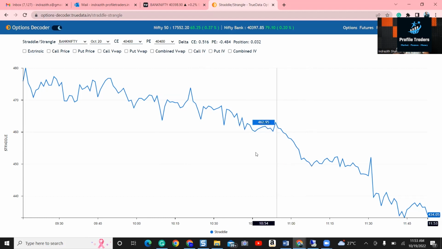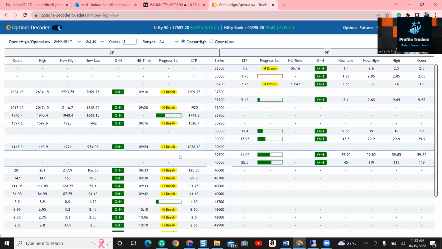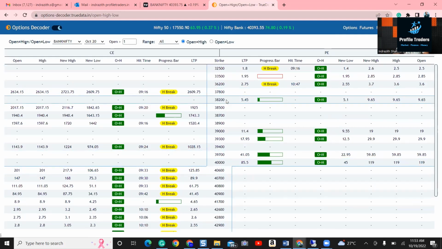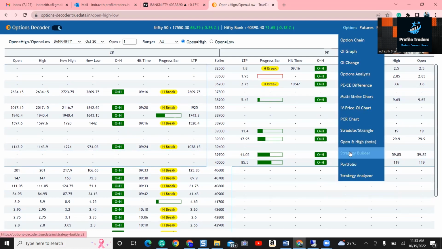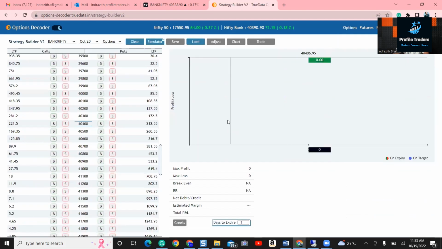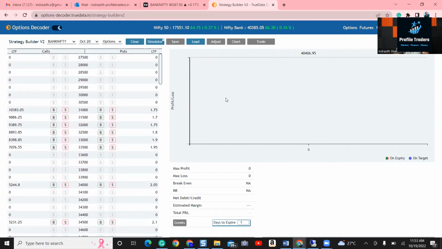So usually I don't use this. OI, it shows it is in beta. It indicates the strike prices which showed OI information. Strategy builder, I think it is still in beta stage. I have not used this very much, so I can't say anything about this.